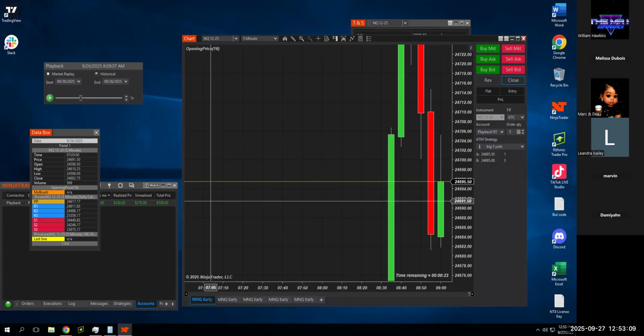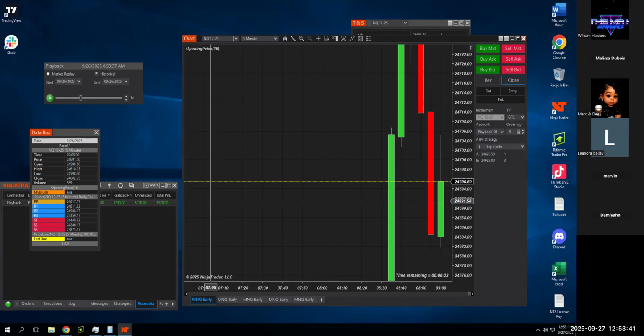Once you build that cushion up, you switch over to minis and you won't even notice the difference, besides the more money, of course. It's the same trade. 20 ticks in micros is 20 ticks in minis. Even if you're only doing 1 contract, if you can make $20 a day with 1 micro, that's $200 a day with 1 mini.